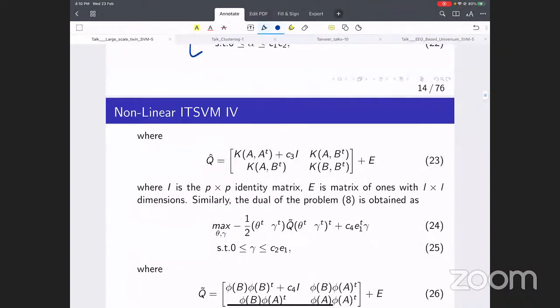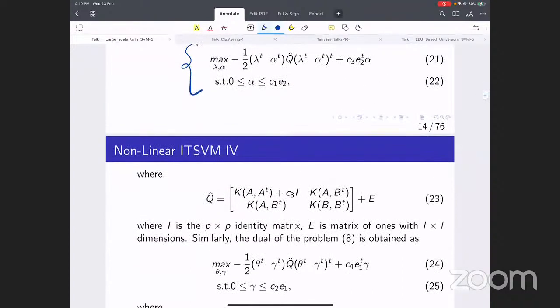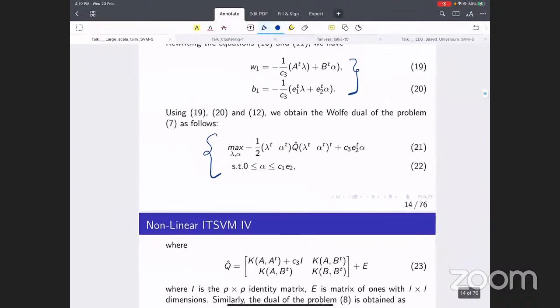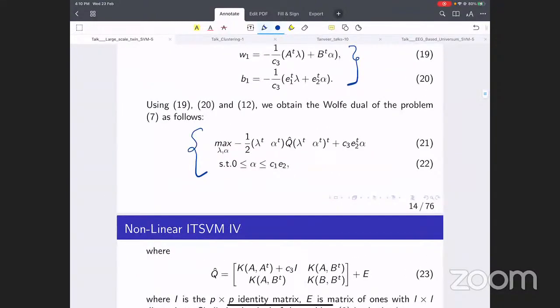Anywhere you will not find that you need to take the inverse of the matrices. So the invertibility issues are automatically resolved. You can see from here equations 19, 20, 21, 22, and 23. It's a very small change in the idea, but it completely changes the nature of the problem.